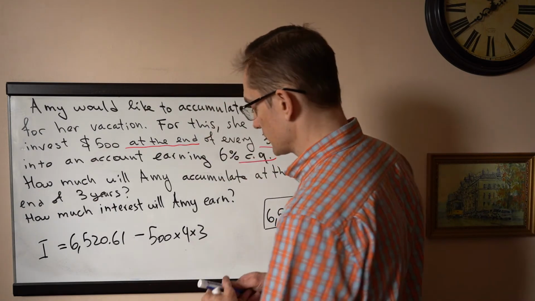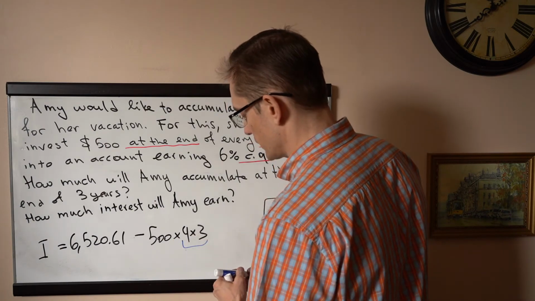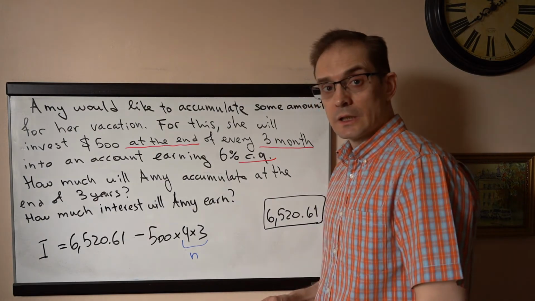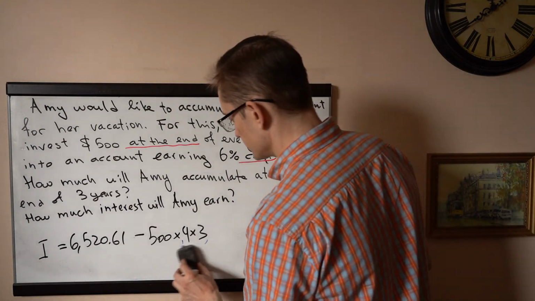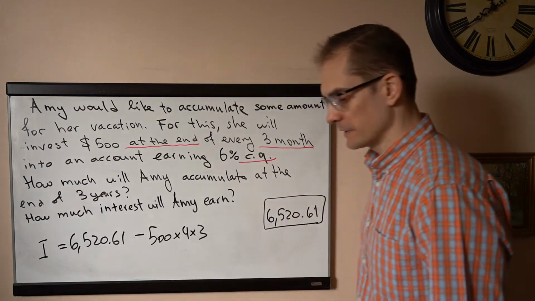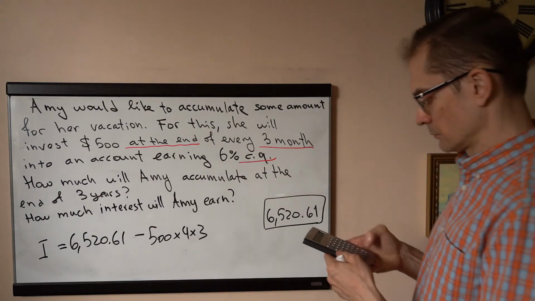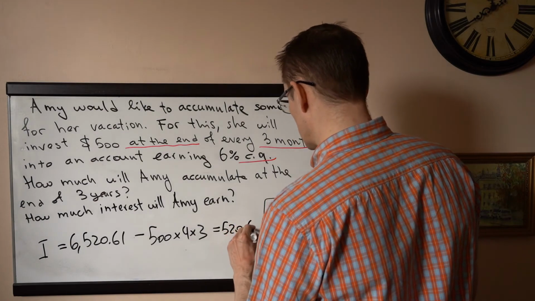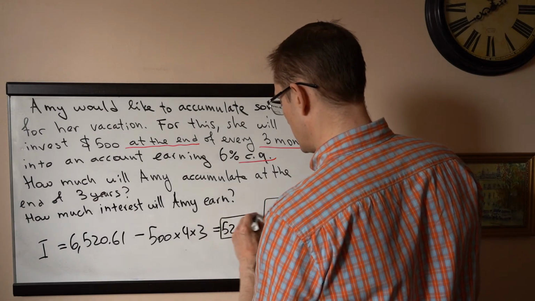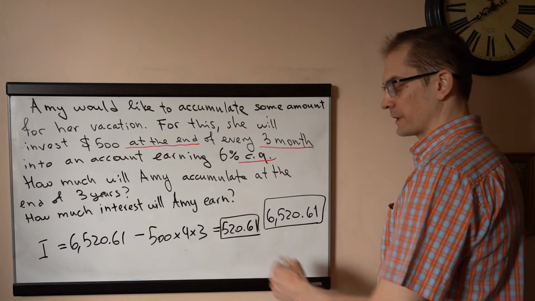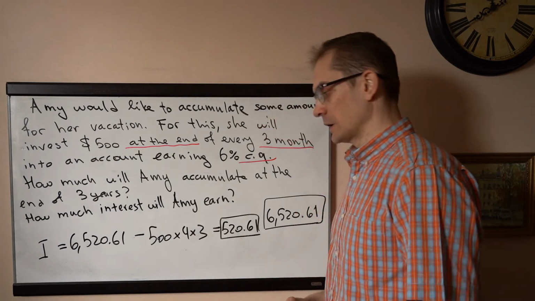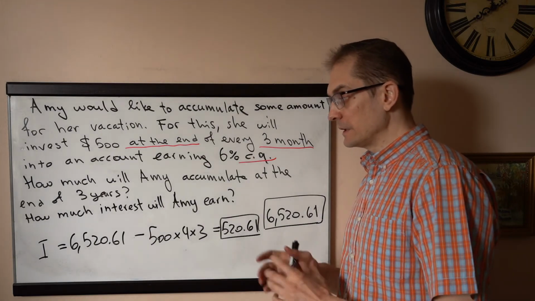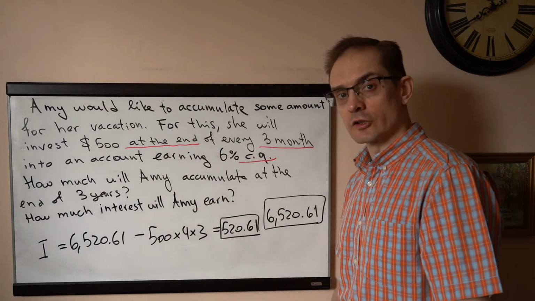So you can see that this part here is actually n, the 12 total number of payments. Okay, so let's calculate this. Amy will earn $520.61 of interest in this structure.